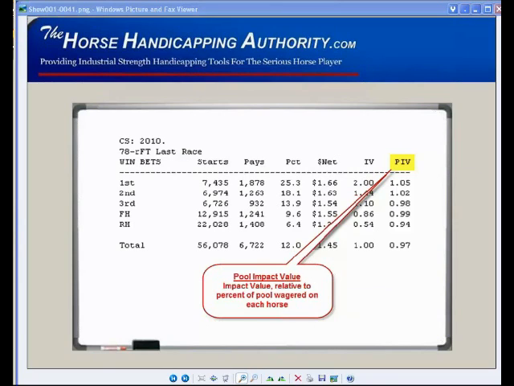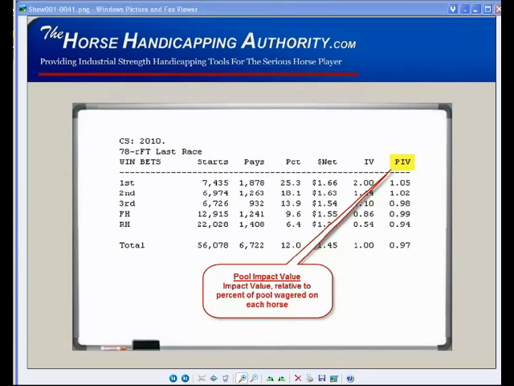Now understand 5% won't get you anywhere near even. If you take the breakage, the takeout, let's say you've got an 18% takeout. So from $2 you subtract 36 cents. So 1.64 would be break even.